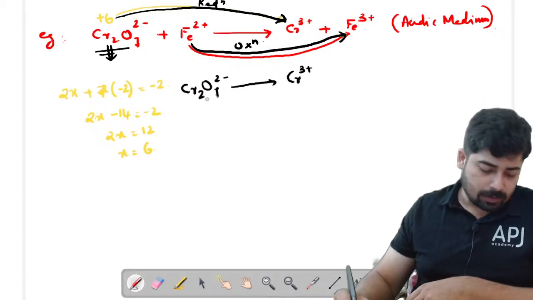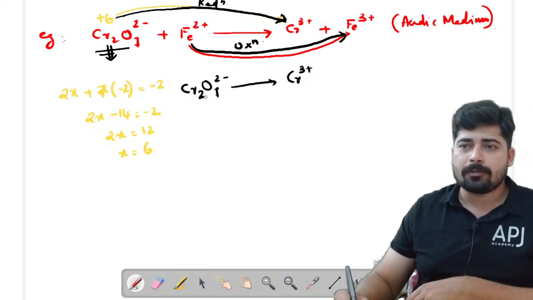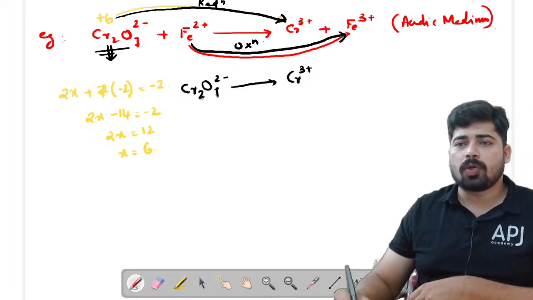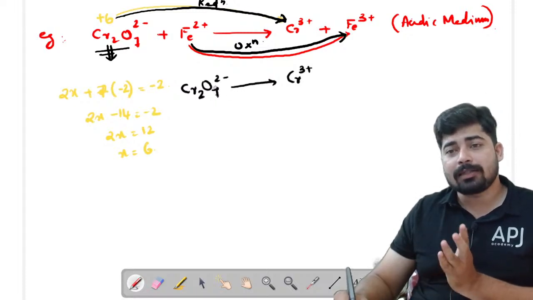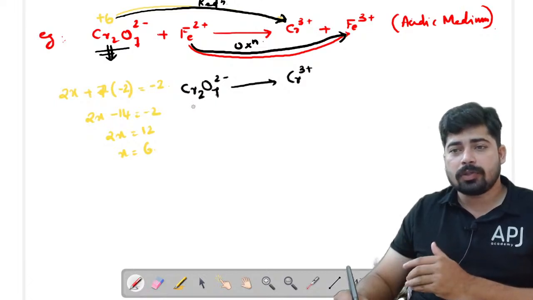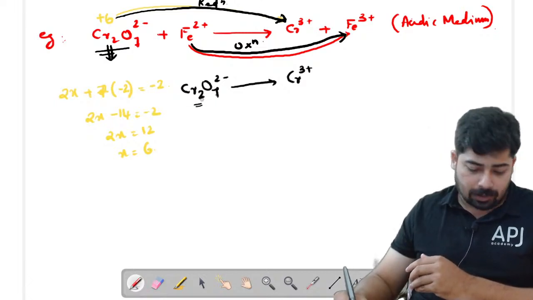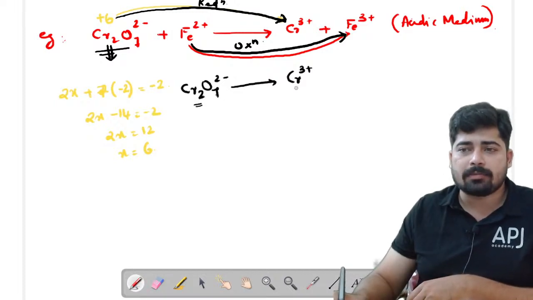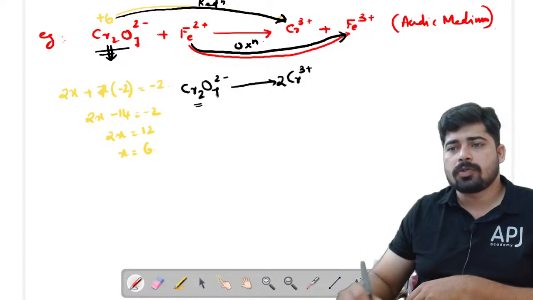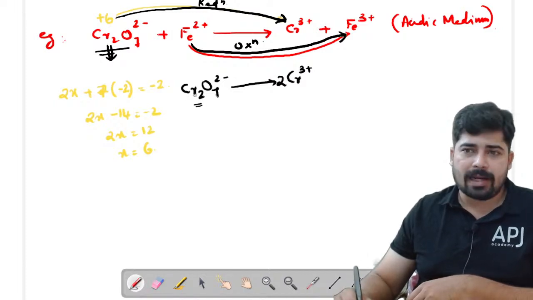From here, we first have to balance elements other than hydrogen and oxygen. In the LHS there are two chromium atoms, and in the RHS only one chromium atom. So I have to multiply by 2 here. Now chromium is balanced.